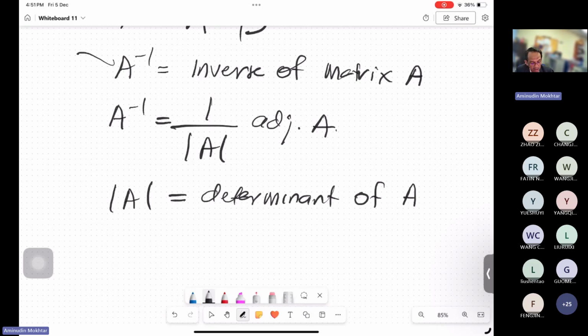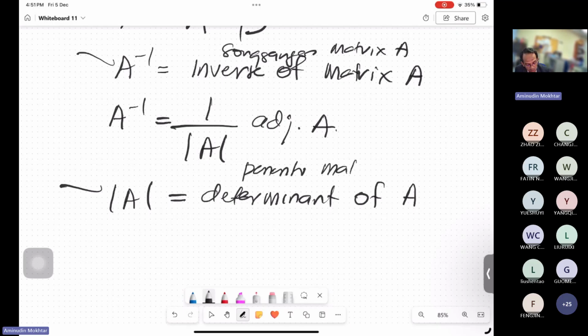Inverse of matrix A in bahasa Melayu is songsangan matrix A. Determinant of A is penentu matrix A.